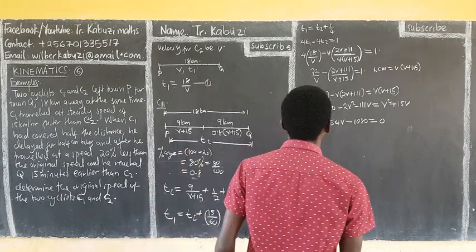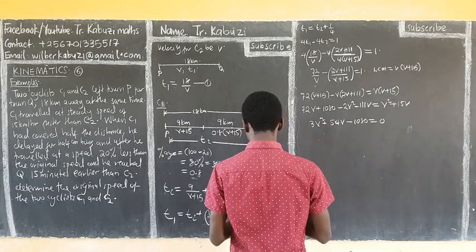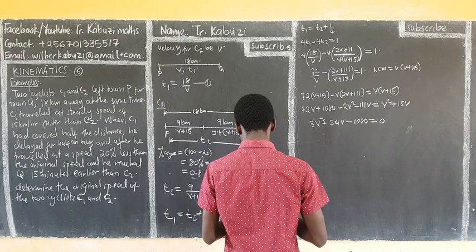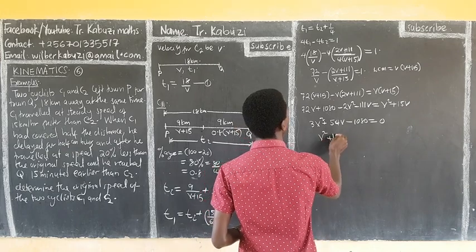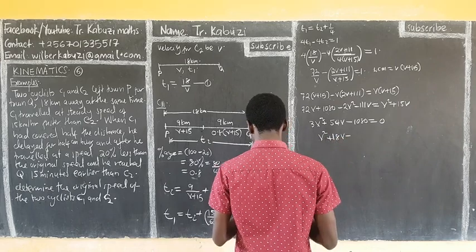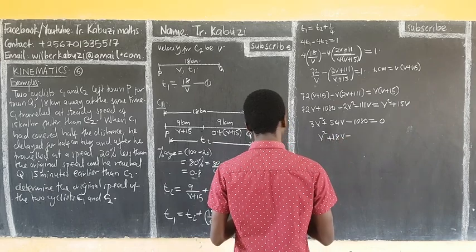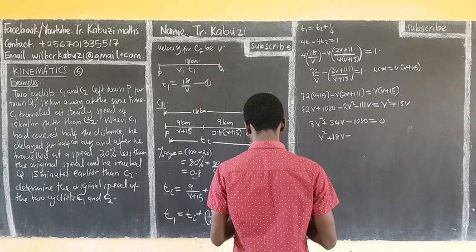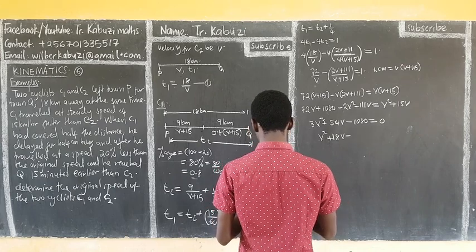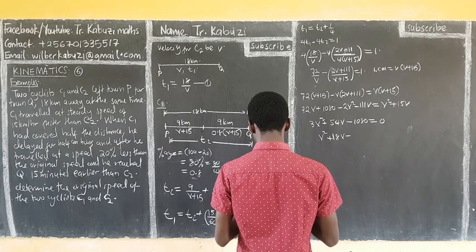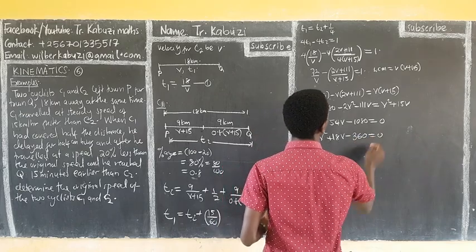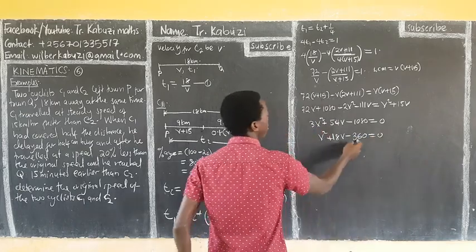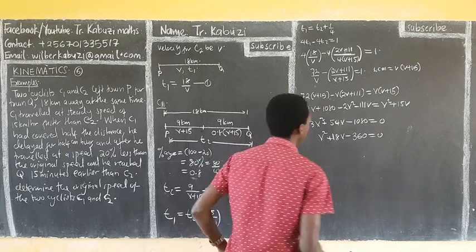Okay, so now if you divide through by 3, you see 54 by 3, you get 18. So this is b squared plus 18b, then minus 1080 divided by 3, we get 360, equal to 0. Which numbers, when you multiply and add, give that, and you simplify.